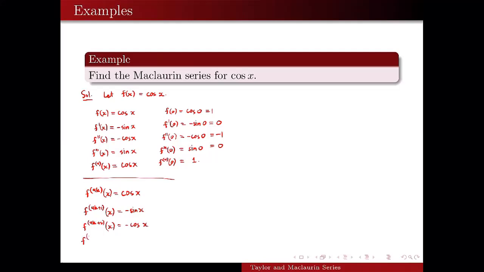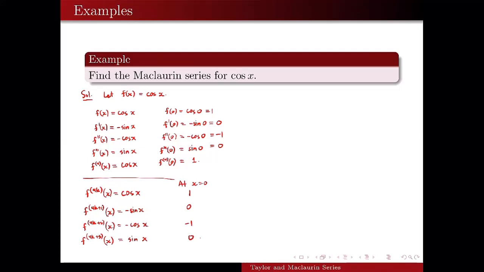If you get 4k plus 3, you will get sine x. So at x equals 0, you'll just have here 1, 0, negative 1, 0.